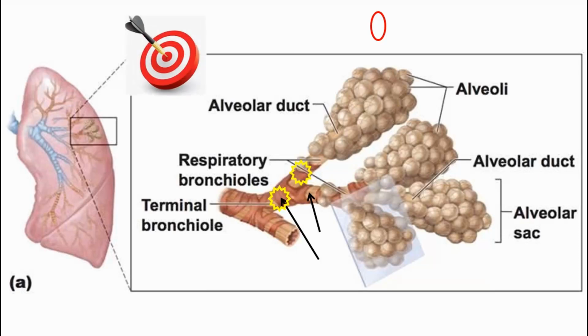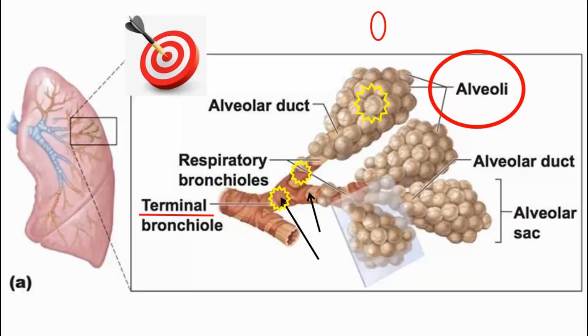What is our aim of the respiratory system? Our aim is to have these little balls called alveoli, and in this place there is exchange of gases between air in this alveolus and blood vessels, capillaries around this alveolus.